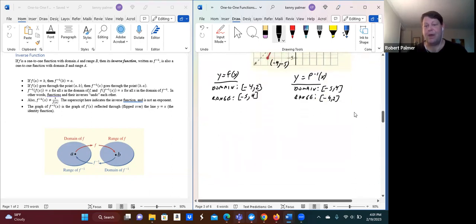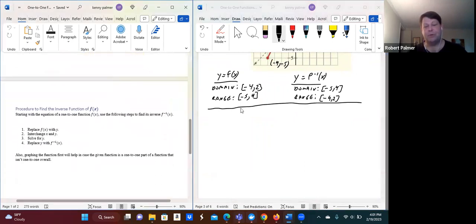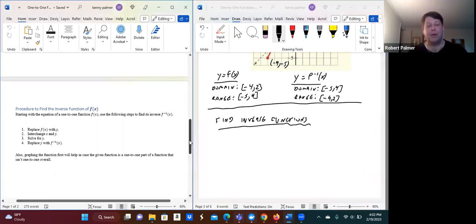All right, now the next thing I want to take a look at, and let's come back over here to the left, is being able to find inverse functions. Let's talk about the procedure to do that. We want to be able to find an inverse function, given another one.